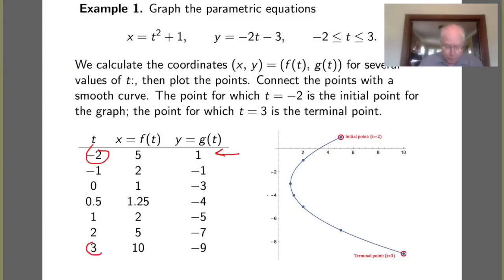And then when you get to the largest possible value for t, we get to what's called the terminal point for the graph. And as t gets larger, you can see by plotting these points that the point seems to move along the curve in this direction. So again, if you're thinking about motion, these curves often have a direction which shows the direction of the motion along the curve.